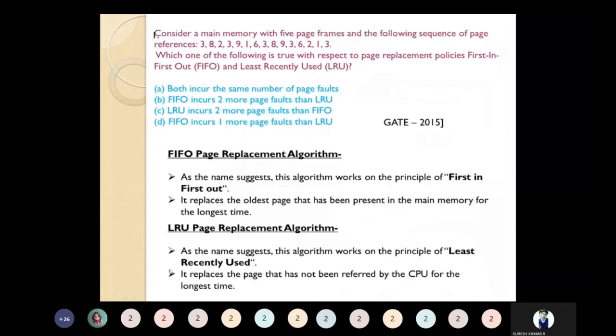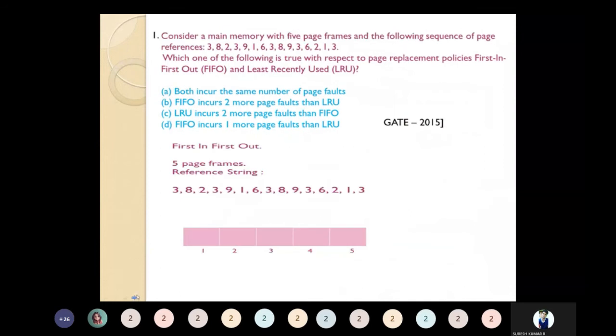Here the FIFO algorithm and LRU algorithm need to be used, and the page references and the page slots, 5 page frames, are given.